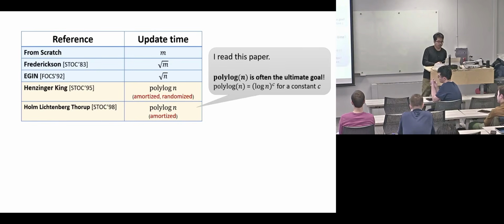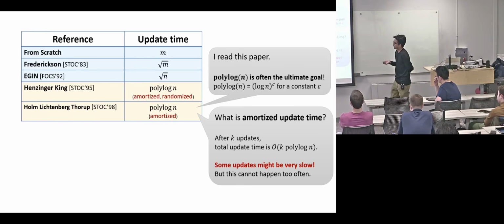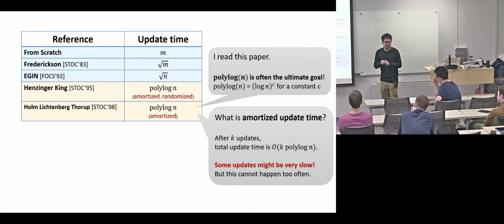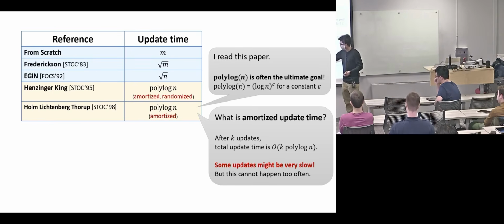So what is amortized update time? In some sense, it means average update time. But it's average in this sense: suppose that there are k updates to the graph, like 1 insertion, 2 insertions, a sequence of updates. Let's say there are k of them.